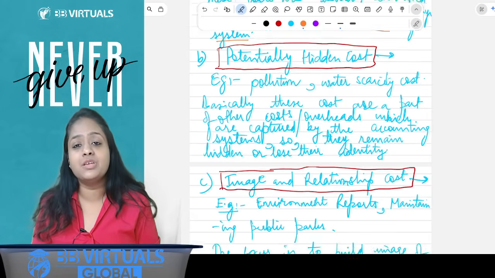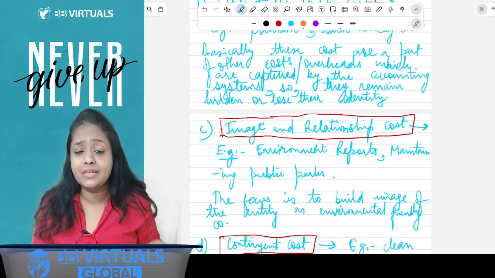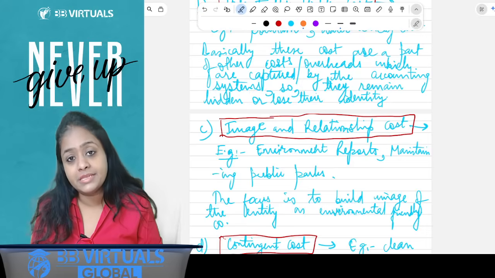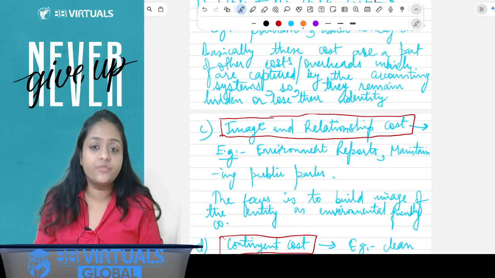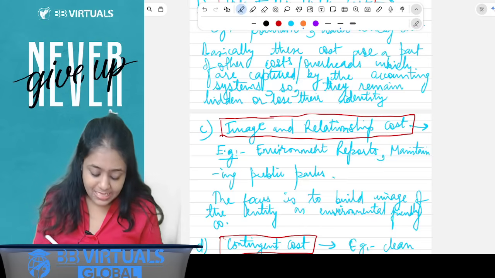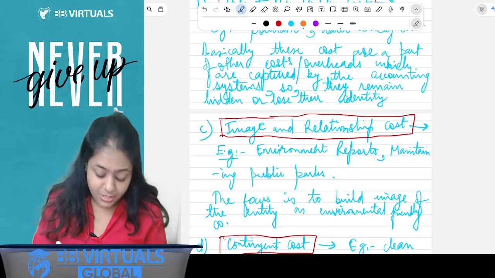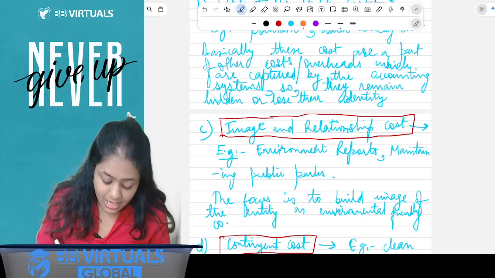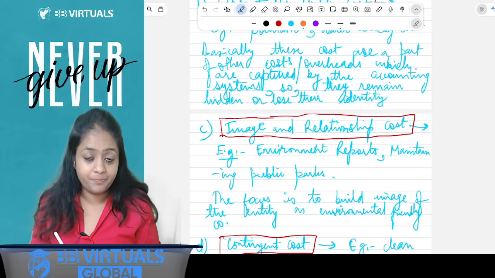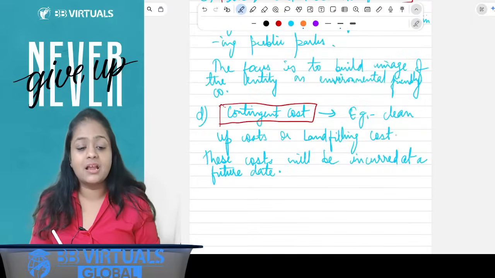Third is the image and relationship cost. These costs are generally incurred by the entity to build a good image so that it is well received by the public. For example, incurring expenses on producing environmental reports, maintaining public parks, and doing CSR activities. Fourth is the contingent cost.